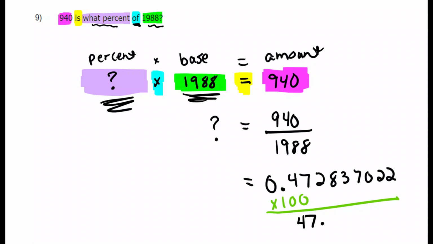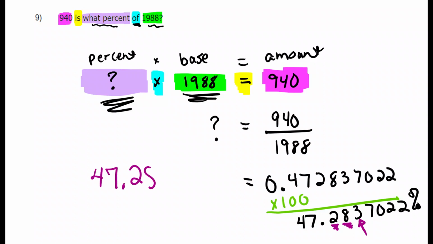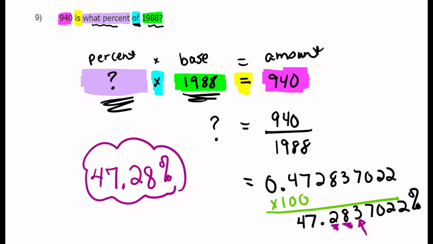So when I do that, I'm going to get 47.28370022. And this is now in percent form. And now I'll round it off to the nearest hundredth, which is where the 8 is. The 2 is in the tenths, the 8 is in the hundredths. You look at the next number, it's less than 5. So my final answer here is 47.28%. And that is those problems.